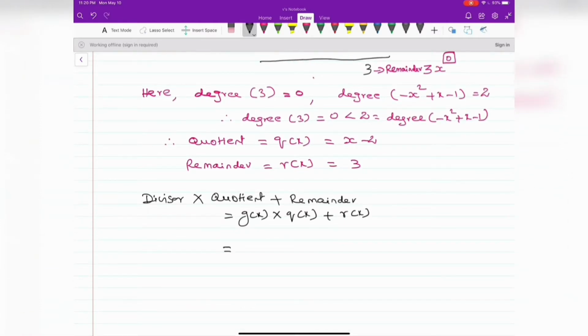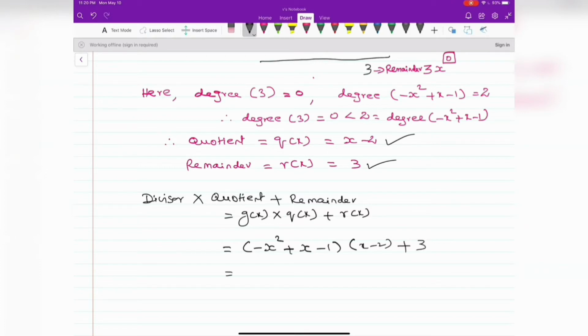That is, g of x, which is minus x square plus x minus 1, into q of x. The quotient we got as x minus 2, plus remainder r of x, we got as 3.